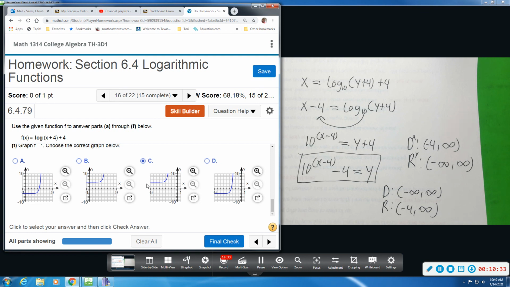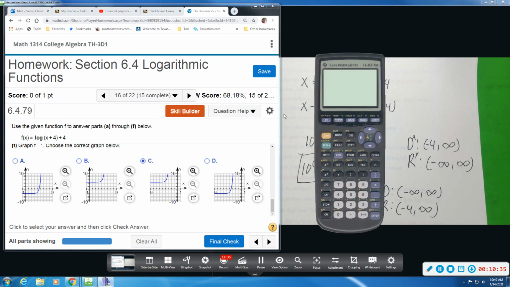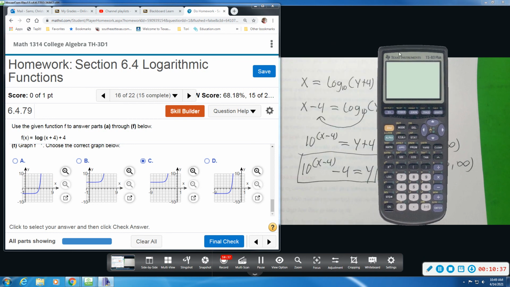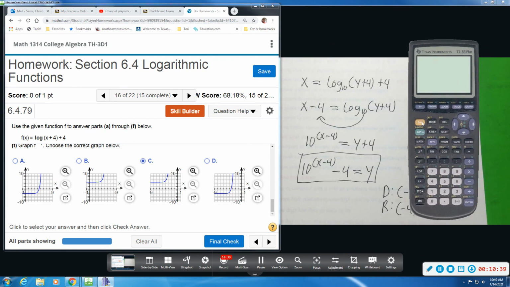All right, let me graph it. Kind of hard to graph these. Not really easy to do by hand, but let's graph it. Y equals, let's turn this on. Y equals, clear this out.